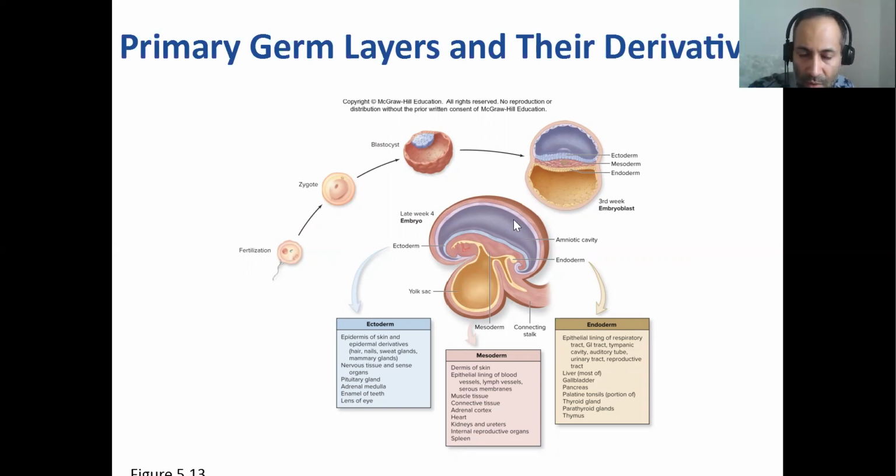Then, ectoderm is in blue, as you can see, the outermost layer when you were an embryo. Then in the middle is the mesoderm, the middle layer, and the middle layer forms the middle structures. So what lies just underneath your skin? Fat, collagen, connective tissue, blood, right? Bones, muscle, all of that derives from the mesoderm.